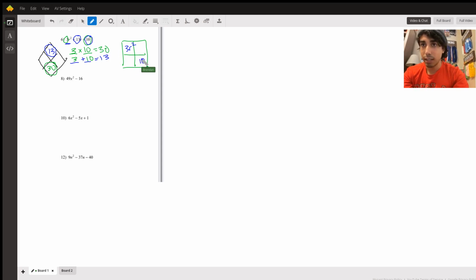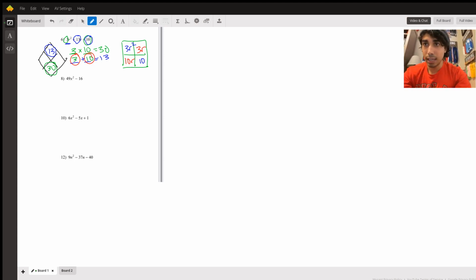And then for the other two boxes, we use the 3 and the 10. Again, it doesn't matter which box I put which one in. It just matters that those numbers are right. I could put the 3 up top, I could put the 10 up top, that doesn't matter. And then don't forget to attach the variable to it. So it's going to be a 3r and a 10r. Again, I could have put the 10 up top or the 3 down bottom. You'll get the same answer either way.